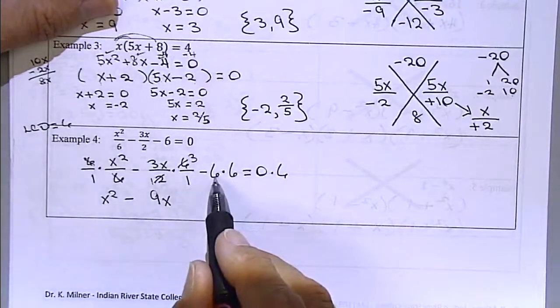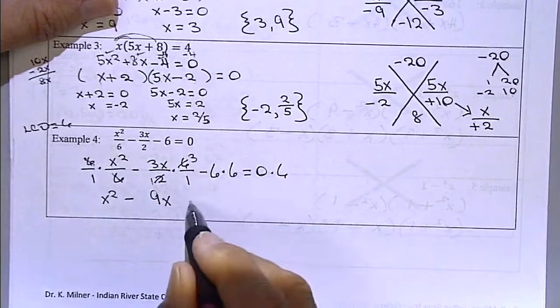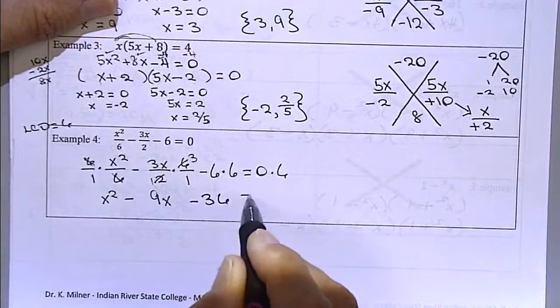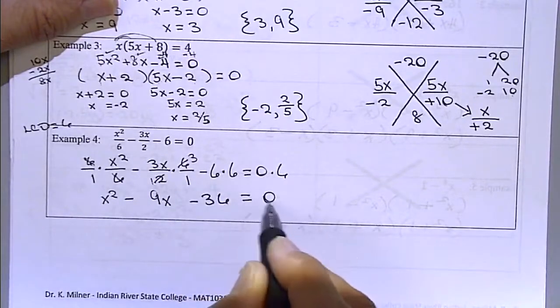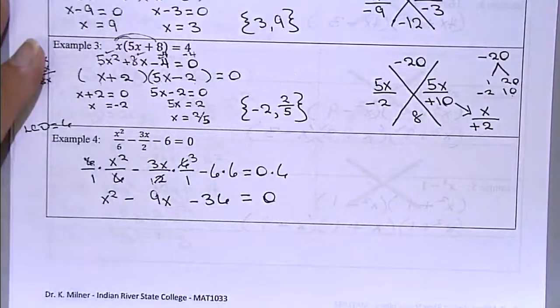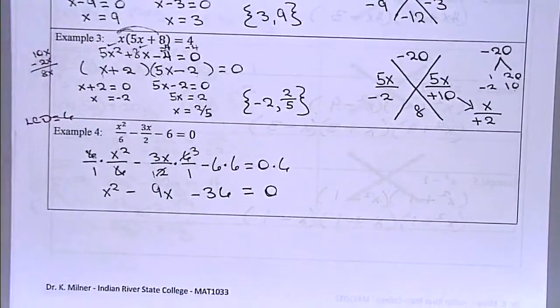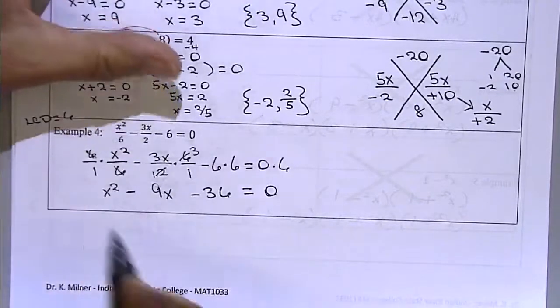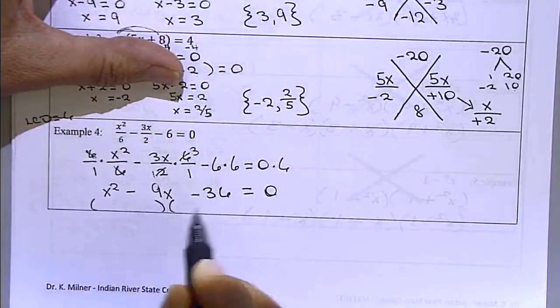Next one I've got is a negative 6 times 6, negative 36. And that is equal to 0 times 6, which is 0. I now have an equation that I can factor a lot easier than working with those fractions, right? So, factor pairs.